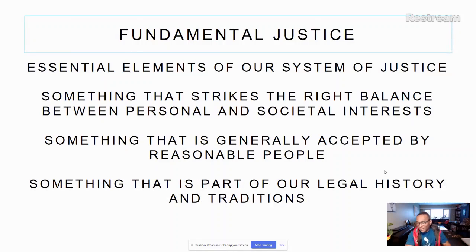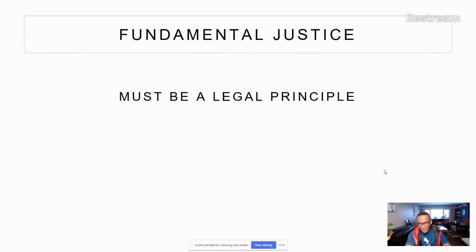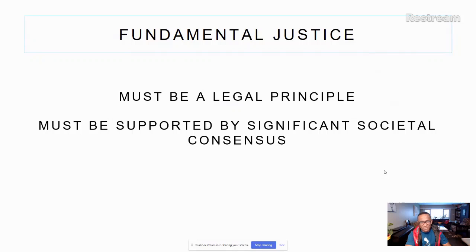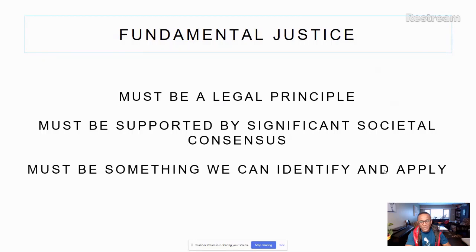Something that is part of our legal history and traditions. Does anyone know what it is yet? It must be a legal principle, they've told us. It must be supported by significant societal consensus. It must be something we can identify and apply.